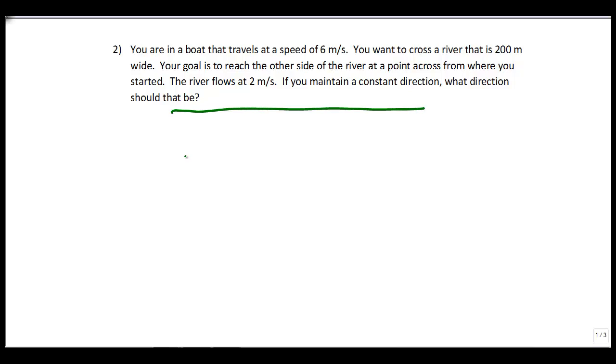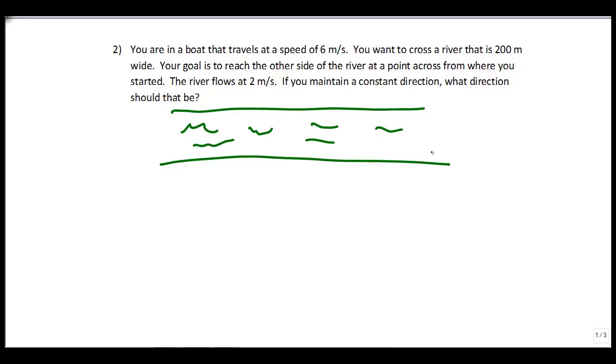We'll say this is the river here. This is our water sitting here. The river is flowing, let's say to the right at 2 meters per second. The river flows left to right at 2 meters per second.